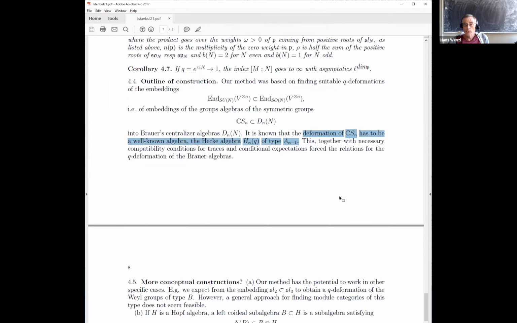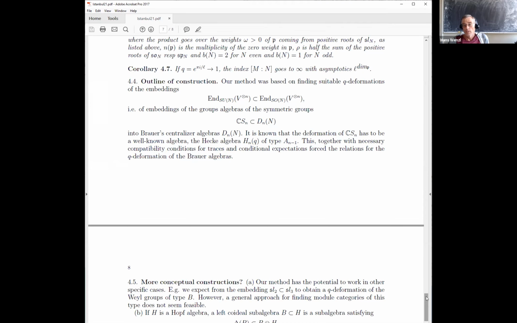Now this, together with compatibility conditions, which for people who know it is called the commuting square condition essentially, and for conditional expectations, forced relations of the q-deformation of the Brauer algebras.